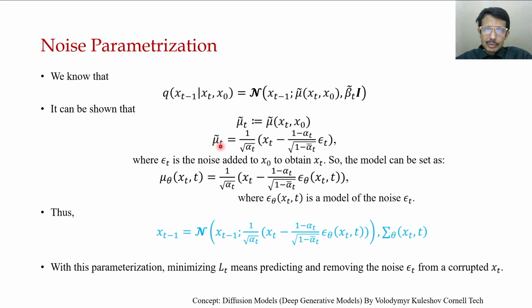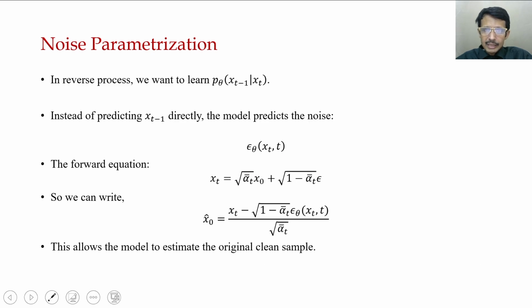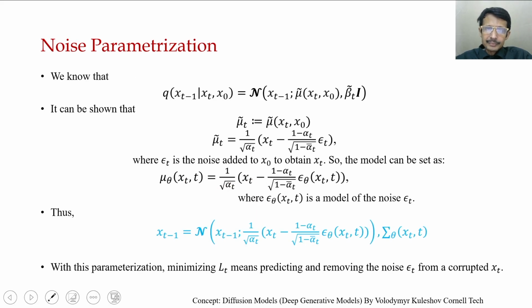So we can write this mu t tilde as 1 by root over alpha t times xt minus 1 minus alpha t over root over 1 minus alpha bar t times epsilon t, which we can write from the last slide, where this epsilon t is the noise added to the x0 to obtain xt. That we have seen, that this epsilon t is what is added to get xt. So that is what we have written here.